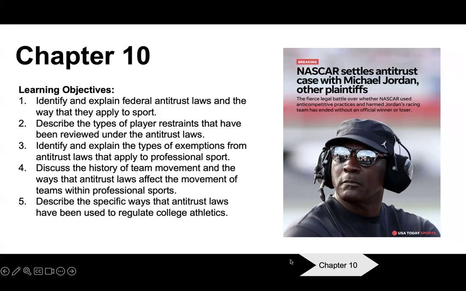So, really, I encourage you when you read through this chapter to consider this from a sport perspective. Look at the different federal antitrust laws, the way that they apply to sport. Examine the different types of exemptions from antitrust law that apply to professional sport, and enjoy learning about the history of team movement and see how antitrust laws affect that within sport.